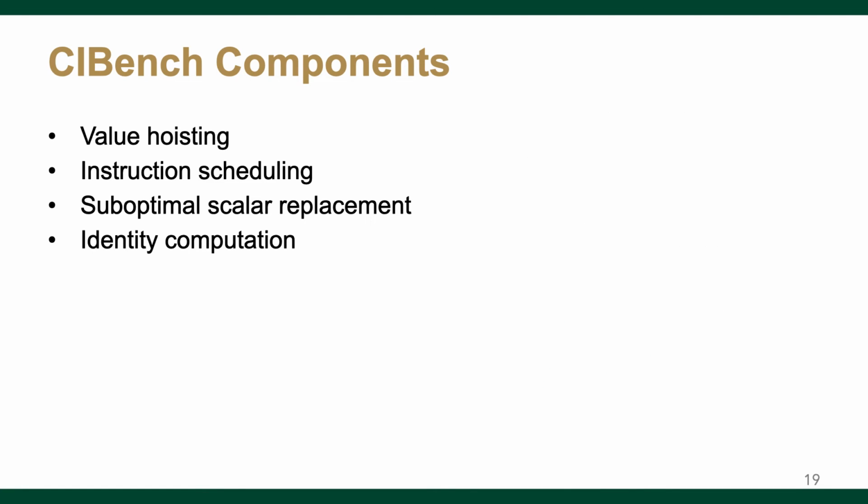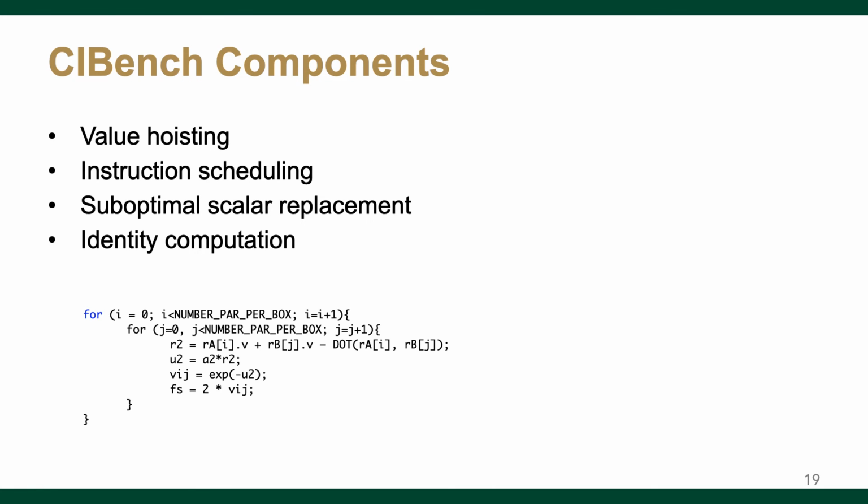The fourth case is identity computation. We can see from the code that R2 is often assigned the same value, and A2 is a loop invariant. As a result, the expensive exponential computation will produce the same values in the loop.